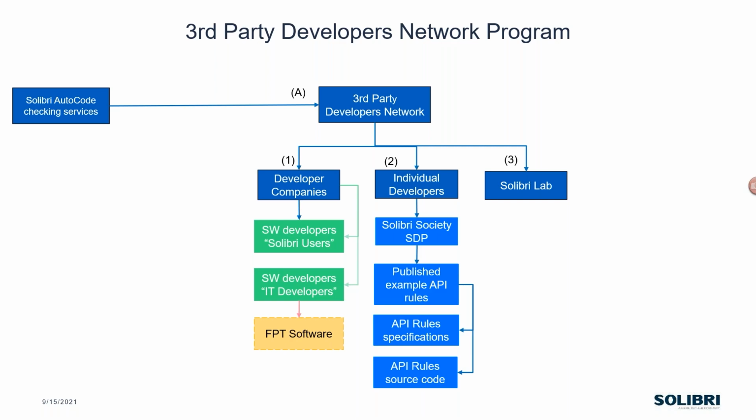Individual developers, as I said, are people who are experienced in development, and they can join the Solibri Society and make use of the Solibri development platform in order to access our example API rules and also learn about the new API rules that have been developed by our R&D.